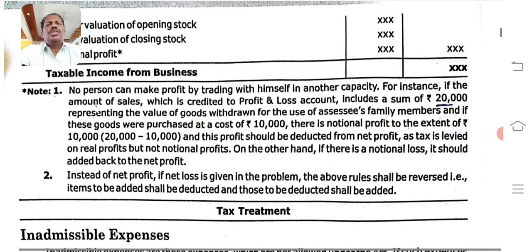So what is notional profit? No person can make profit by trading with himself in another capacity. For example, if the amount of sales which is credited to P&L account includes a sum of rupees 20,000 representing the value of goods withdrawn for the use of the assessee's family members, and if these goods were purchased at a cost of rupees 10,000, there is a notional profit to the extent of rupees 10,000, that is 20,000 minus 10,000, and this profit is called a notional profit, and it should be deducted from net profit as tax is levied on real profits but not on notional profits.